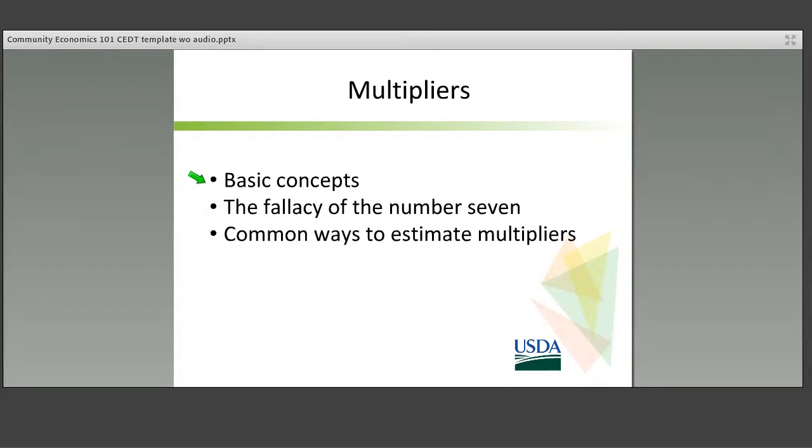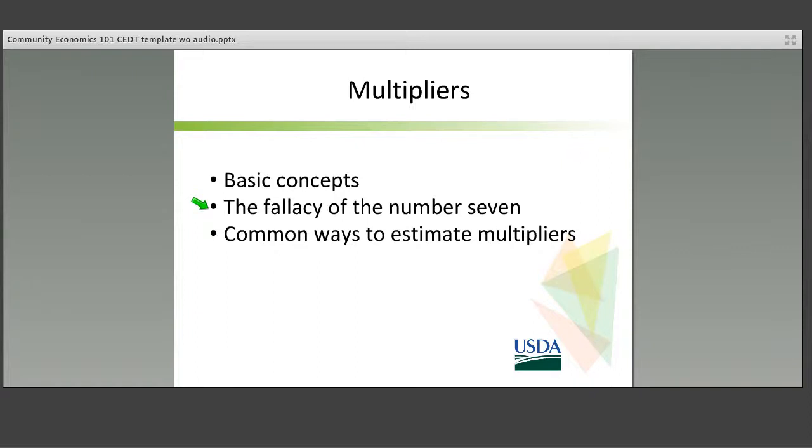But the problem comes in that some people have gone definitely too far with that concept. And at some point somebody kind of started a rumor that the number was 7, that for that $1 change that happens in the economy, that somebody thought that it would be 7 times. The $1 would become $7 as it multiplies through the economy, and that's just simply wrong.